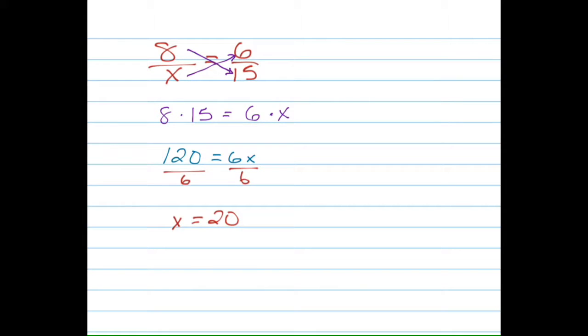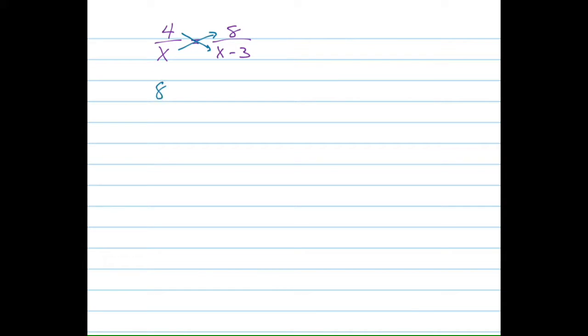Now this is also helpful when we have more complicated fractions. As an example 2, we have 4 over x equals 8 over x minus 3. So we cross multiply, but you have to be real careful.